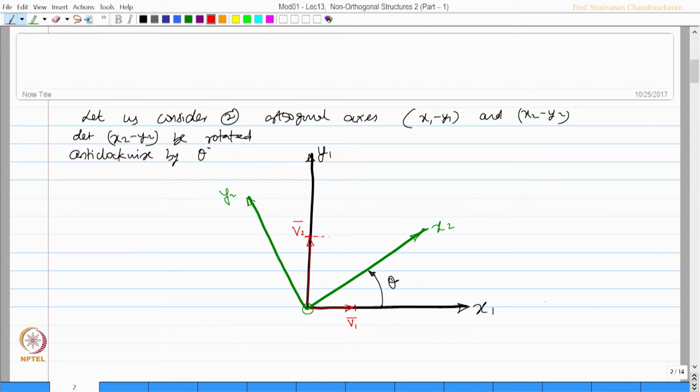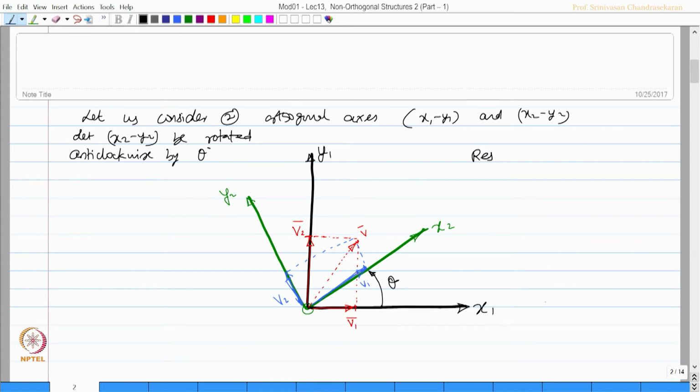Let us say this is our V. Let us now mark V 1 and V 2 such that they are mapped, as shown in the figure.